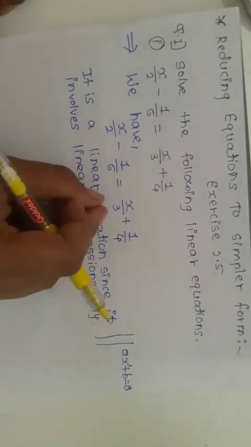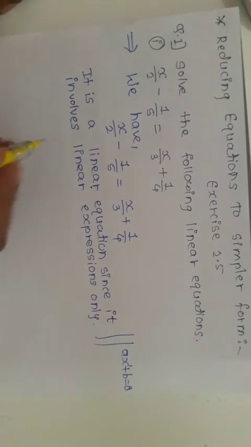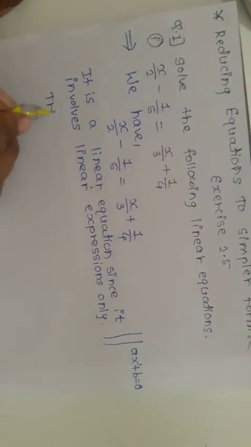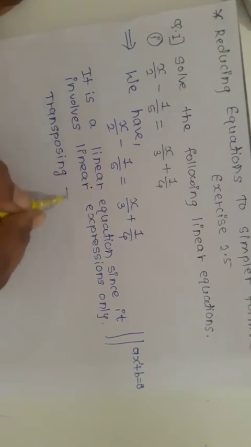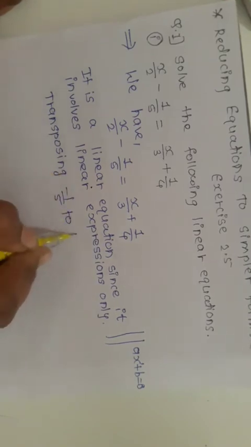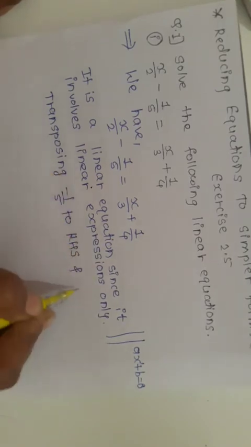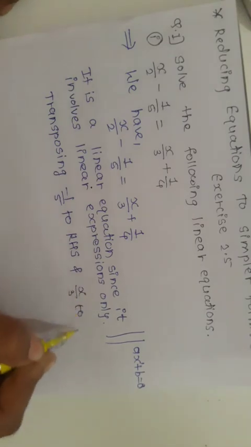So x upon 3 becomes negative and 1 upon 5 becomes positive. So write down here, transposing minus 1 upon 5 to RHS and x upon 3 to LHS.